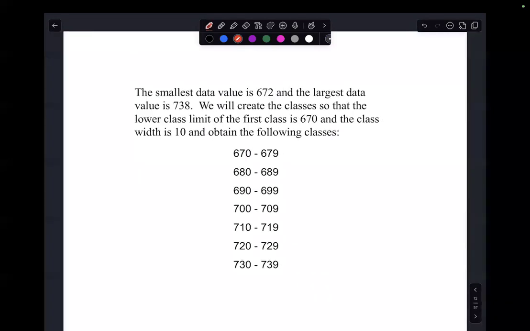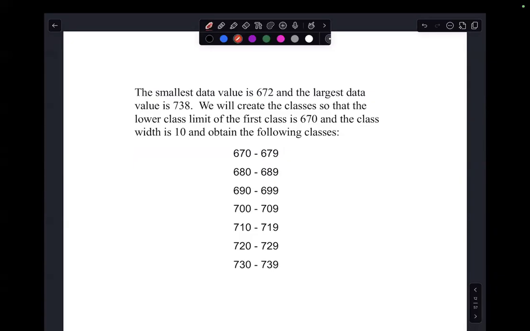So here are my bins. Went from 670 to 679, 680 to 689, all the way up to 739. That encompasses the 738, which is my highest number, and 672. So they're all contained in there. This is nice. It gives me seven classes.